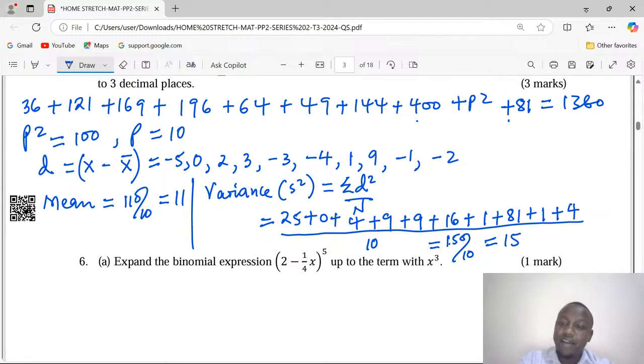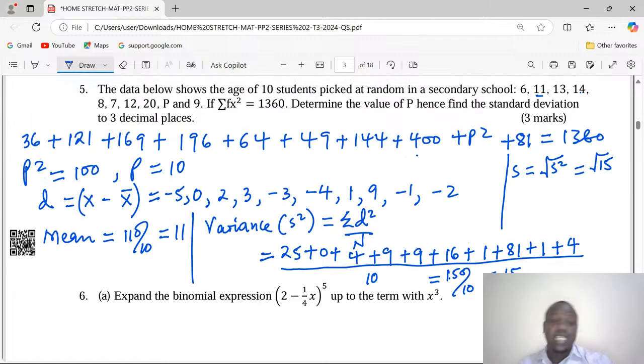Now with variance, we can see that standard deviation is usually given by the square root of variance. So we need the square root of 15. That is already a correct answer, root 15, but we've been given an accuracy of 3 decimal places, which means we must obtain the square root of 15.